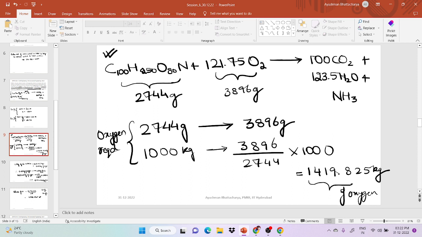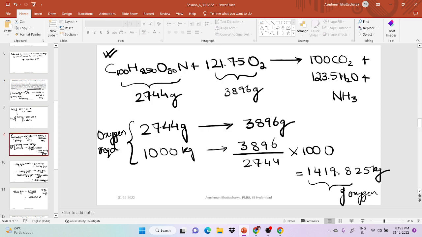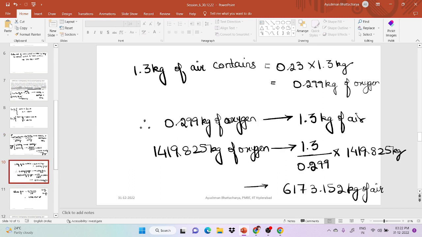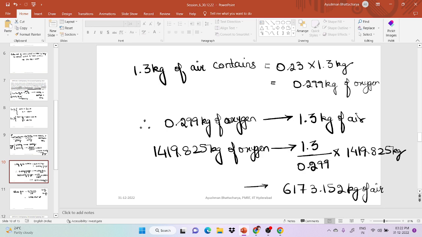But in the question they are asking in terms of volume, meter cube per ton, not in terms of mass. Since we know the total oxygen that will be required to oxidize 1 ton of waste, we should now know the amount of oxygen present in the air.